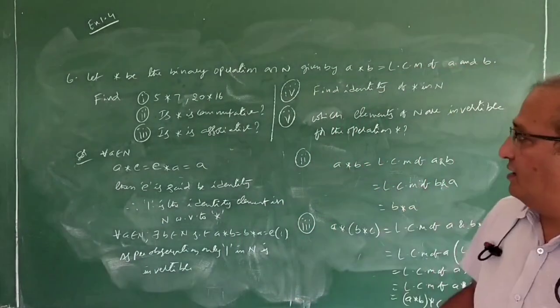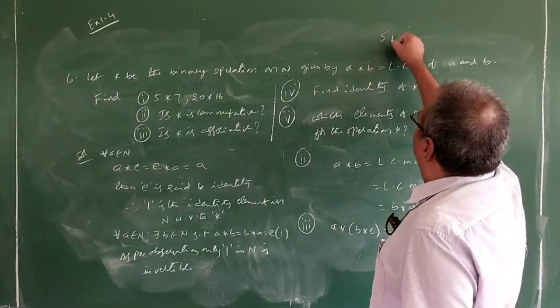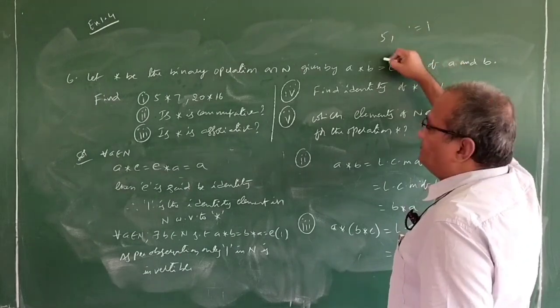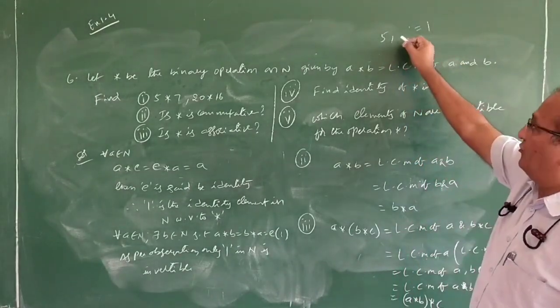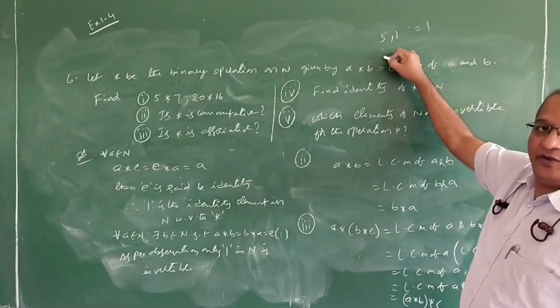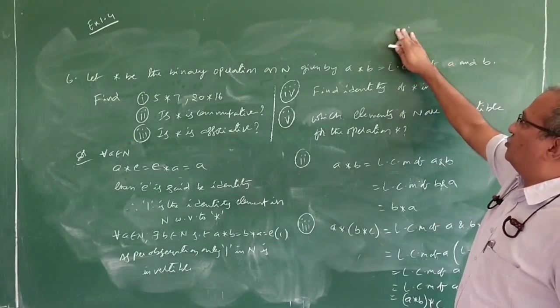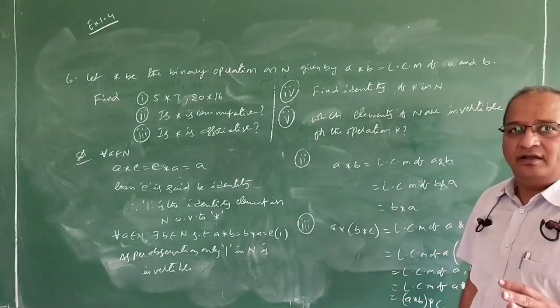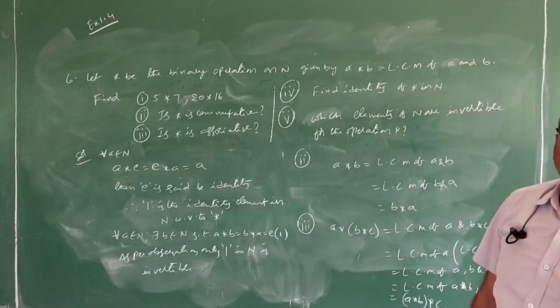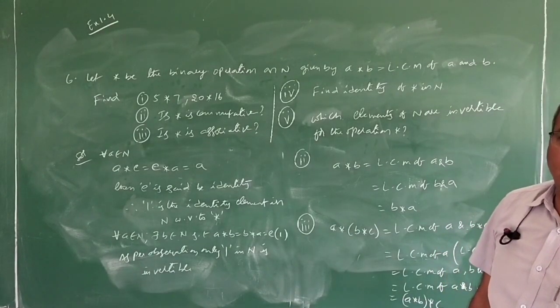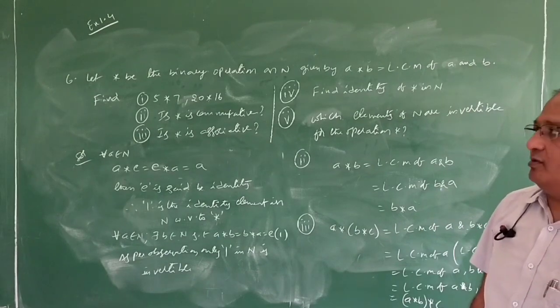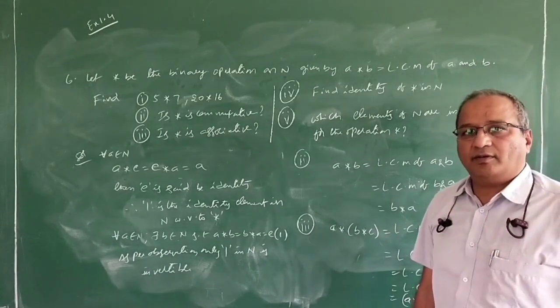Take any number, for example 5. For what number will you get LCM 1? Nothing exists. If you take 5 comma 1, the LCM is 5. So there is no element except 1; no other natural number has an inverse. So only 1 is invertible. We will go to the next problem.